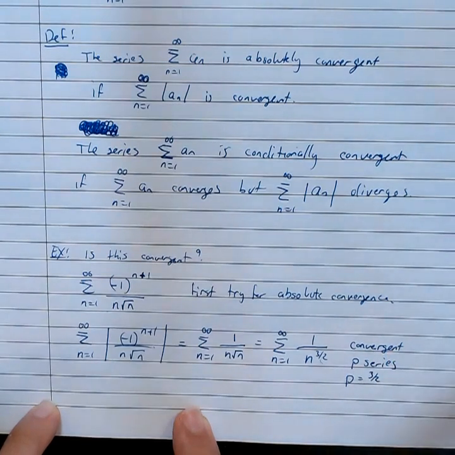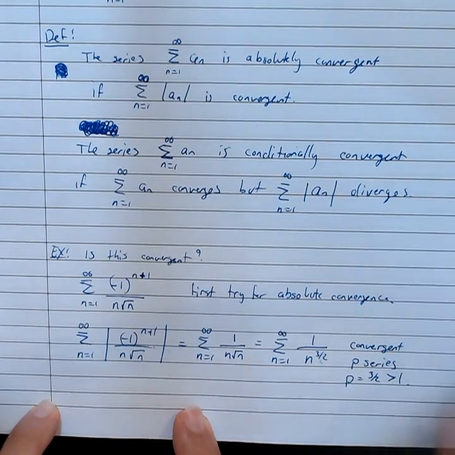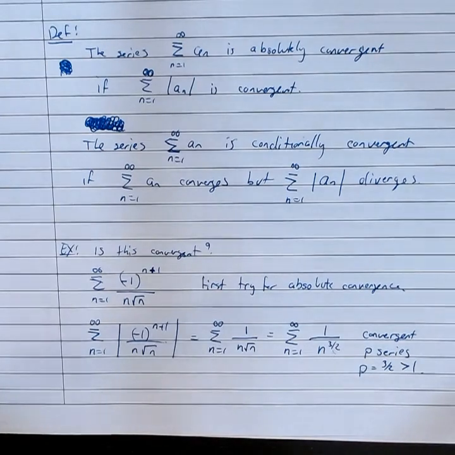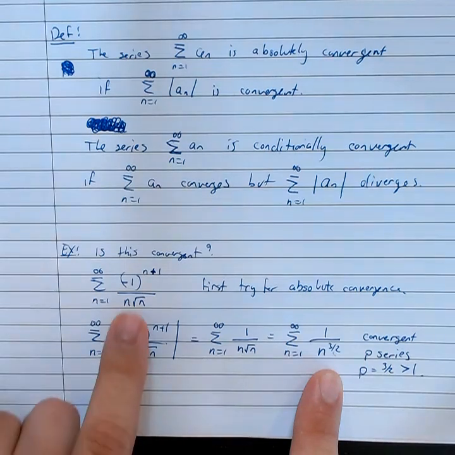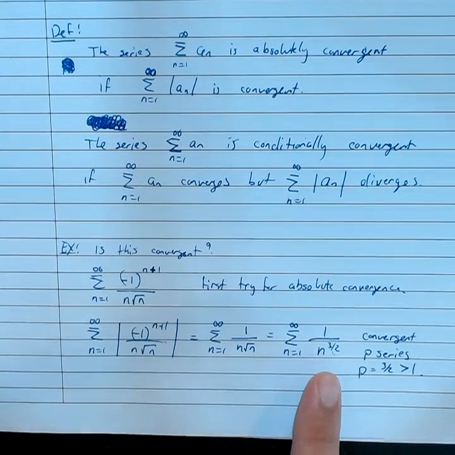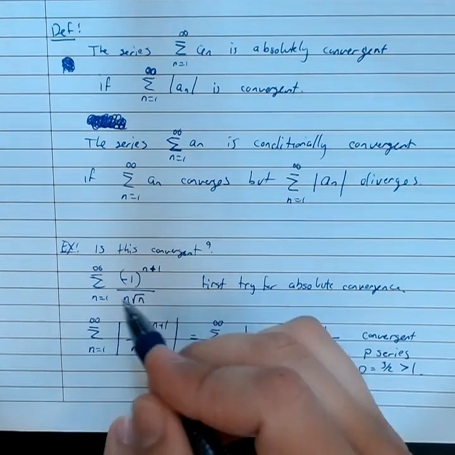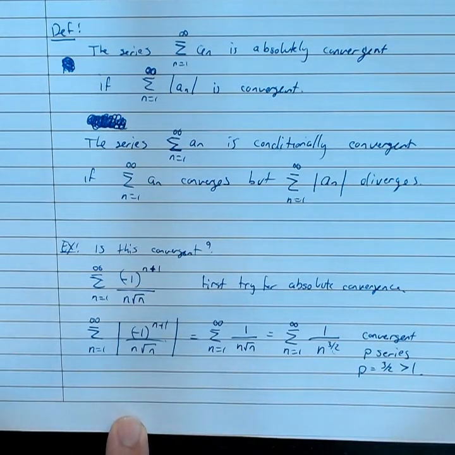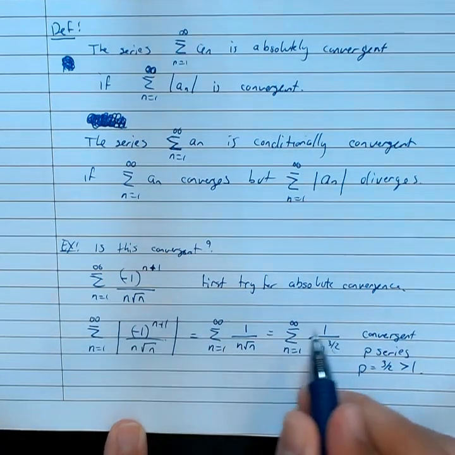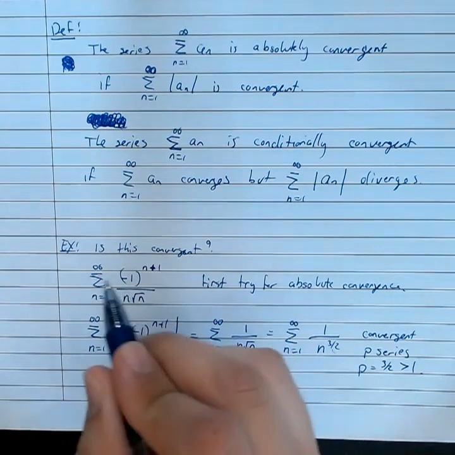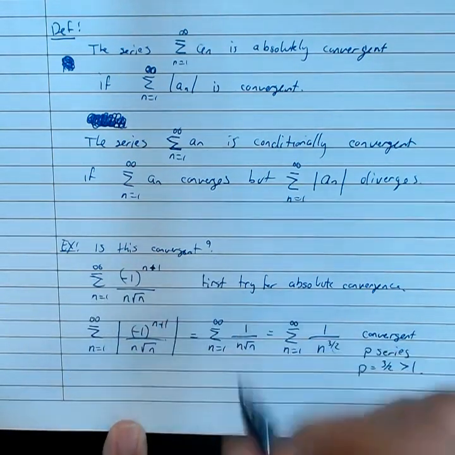Well, okay, maybe it's magic. I don't know. So we know this converges. But these were the absolute values of these terms. So by taking the absolute value, I get something that converges. That means my original series is absolutely convergent, which means that if this one converges, that automatically means this one's convergent.